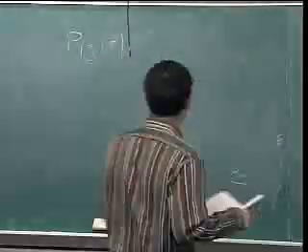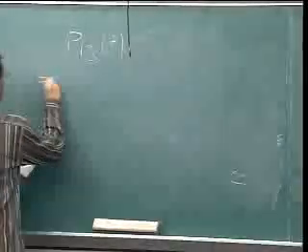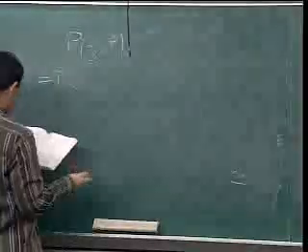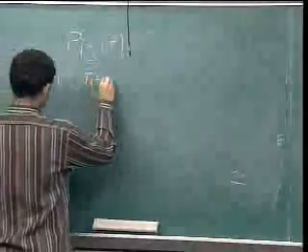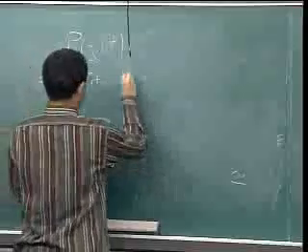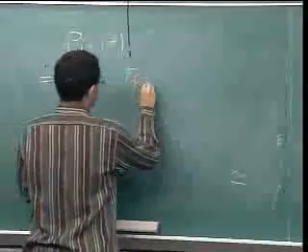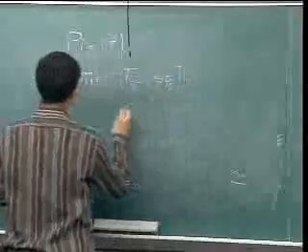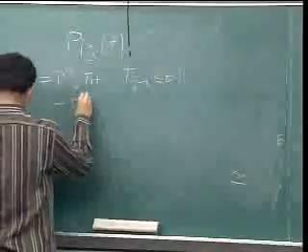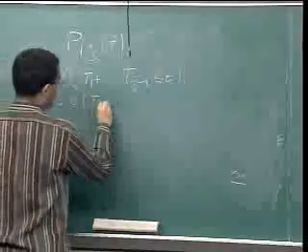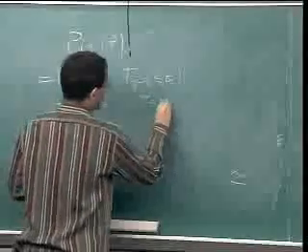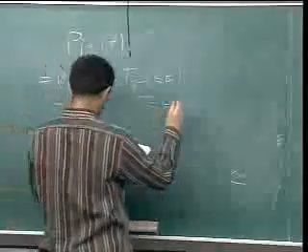So basically what it's telling you is this: this is equal to the probability that t1 plus through tj minus 1 is less than or equal to t, minus the probability that t1 plus through tj is less than or equal to t.